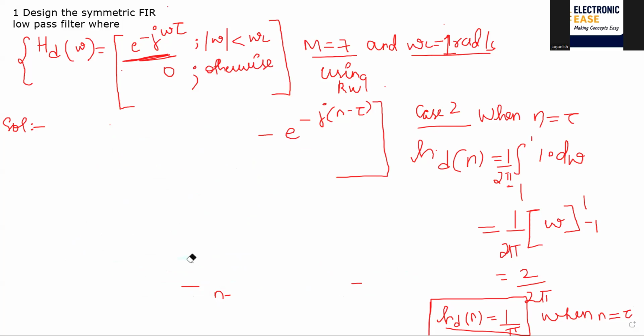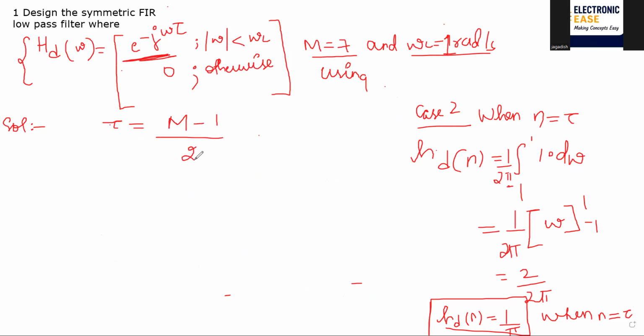The formula is tau equal to m minus 1 divided by 2. Here the given m value is 7, so 7 minus 1 divided by 2, which is 6 divided by 2. We get tau as 3.